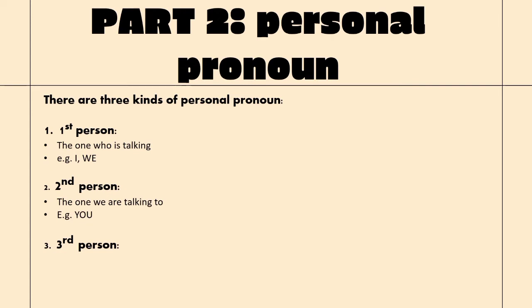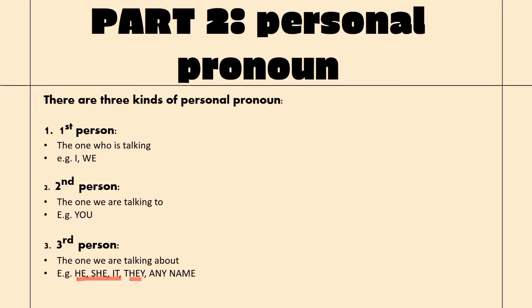Now third person, what is the third person? Third person is the one we are talking about. If we are talking about any person, it will be third person. If I'm saying that he is a naughty boy, so he is the third person. And the categories are also he, she, it are third person singular, while they is the third person plural.